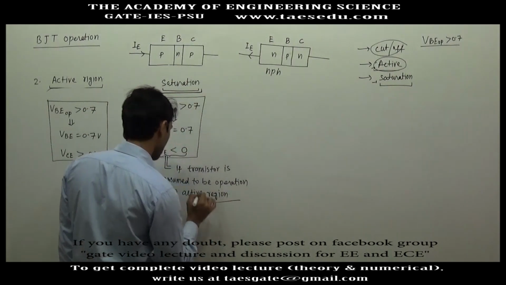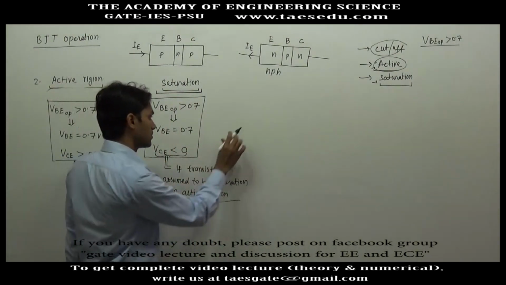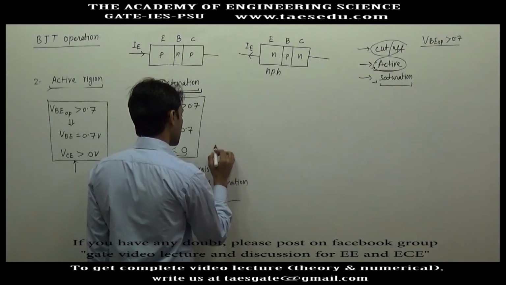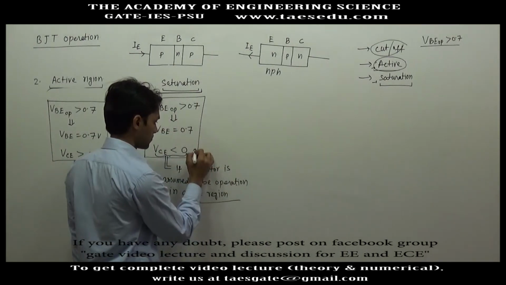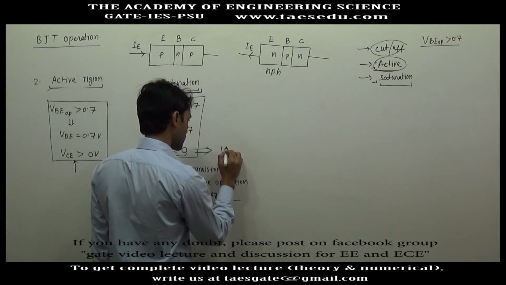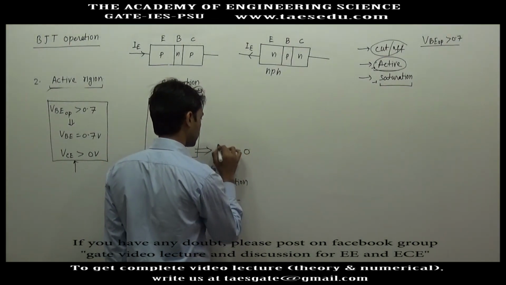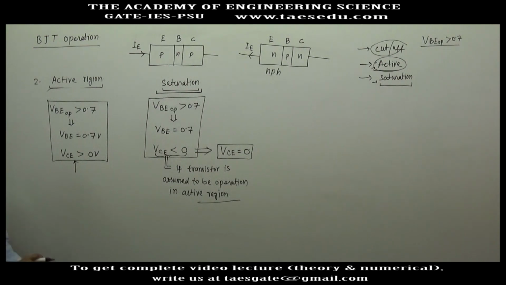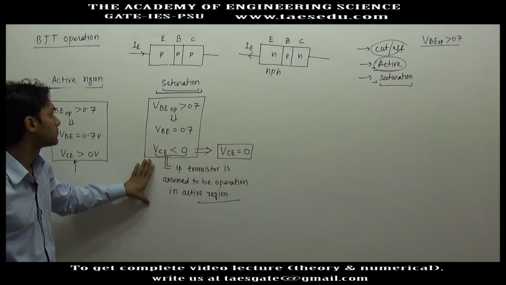I hope you understand it. VCE will never be less than 0. In ideal case, if the transistor operates in saturation, VCE will be 0 volt. I will make you realize this when I solve questions.